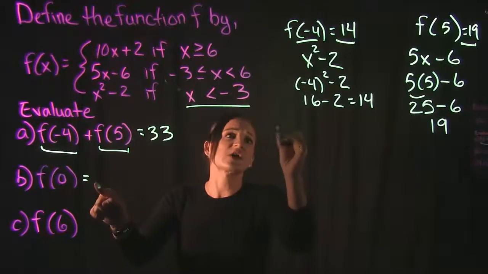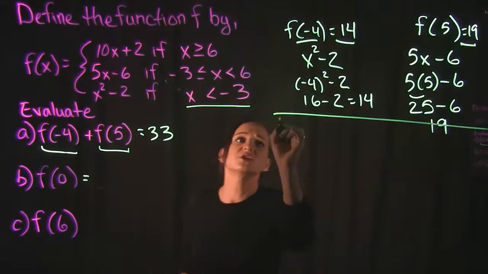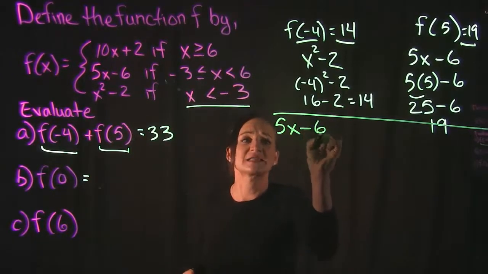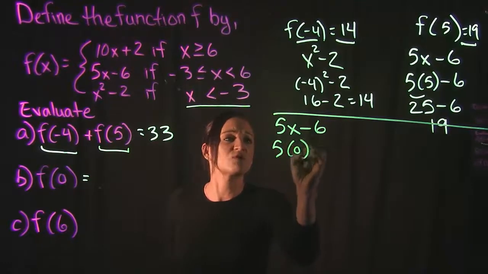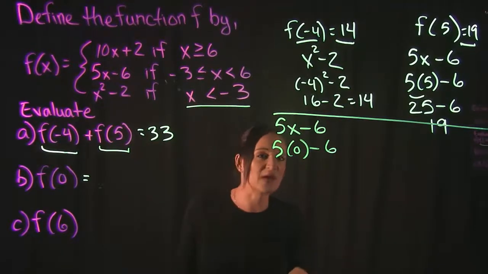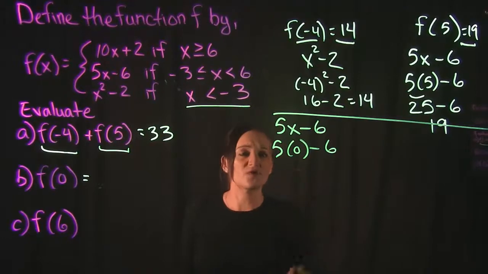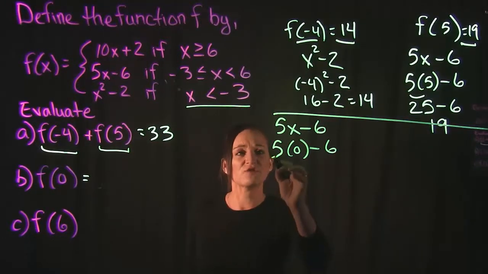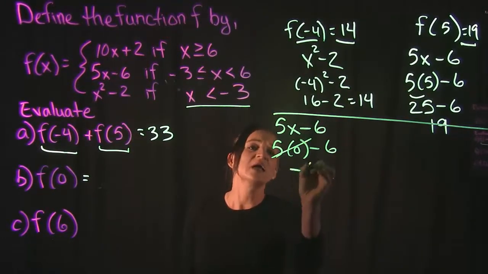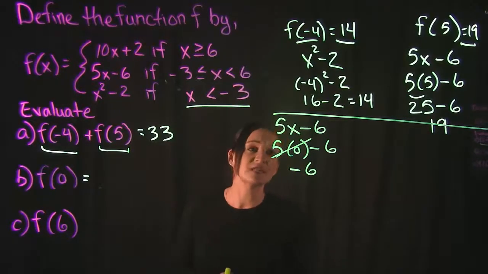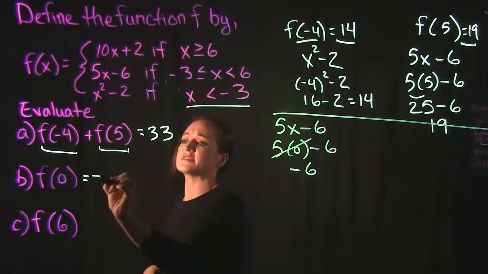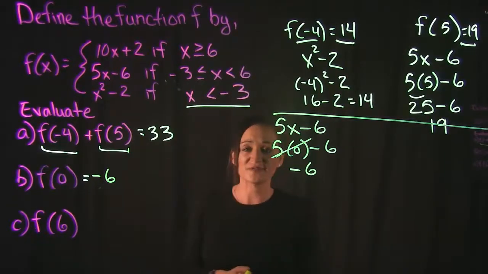That means for example B, we're going to be using 5x minus 6. We're evaluating, which means we're going to plug in 0 for x and see what we get. When we plug in 0 for x, 5 times 0 goes away, leaving us with a minus 6. Since there's nothing else left to do there, f of 0 is equal to negative 6.